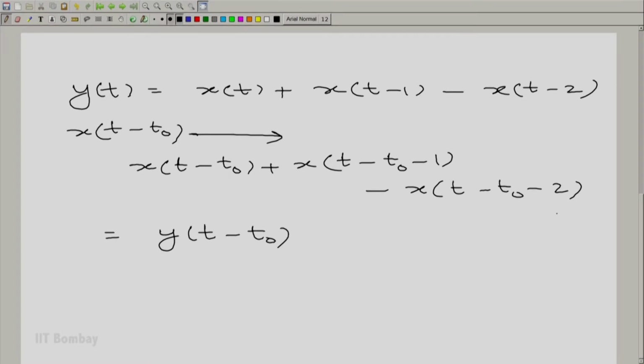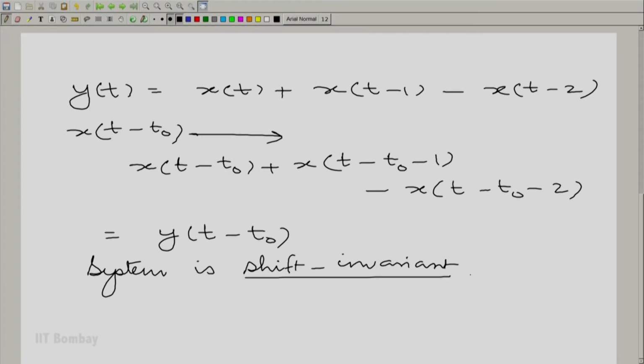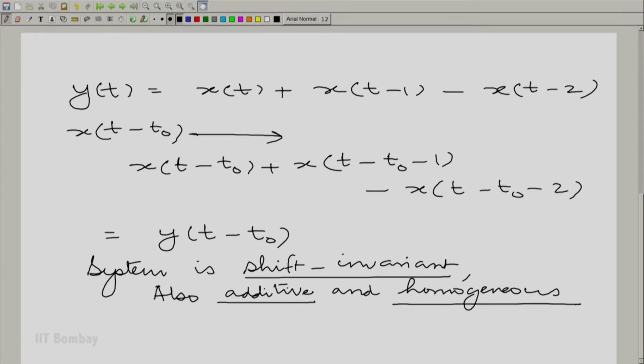That is not too difficult to see, and therefore, the system is indeed shift invariant. So, here is a beautiful example of a system which is shift invariant and also additive and homogeneous. It has all the three properties that we have discussed so far: additive, homogeneous and shift invariant.